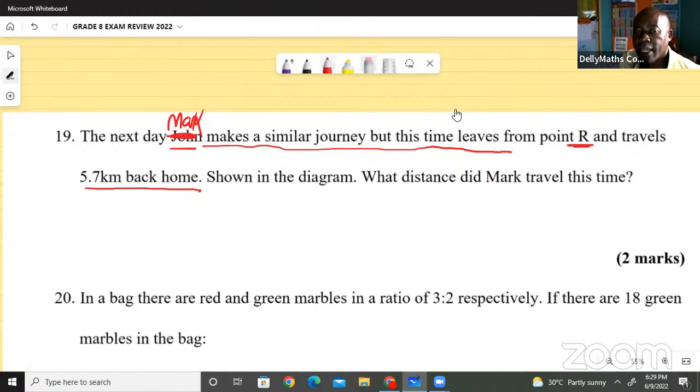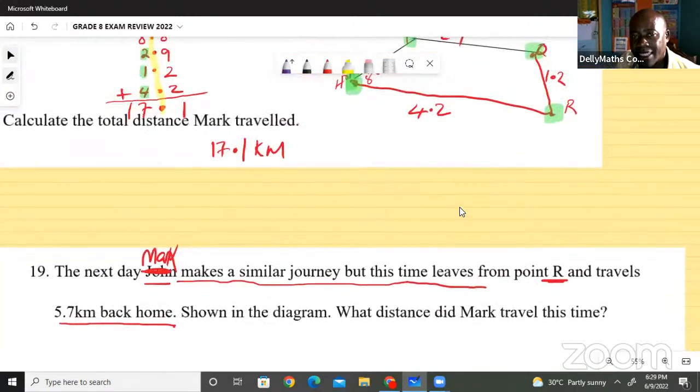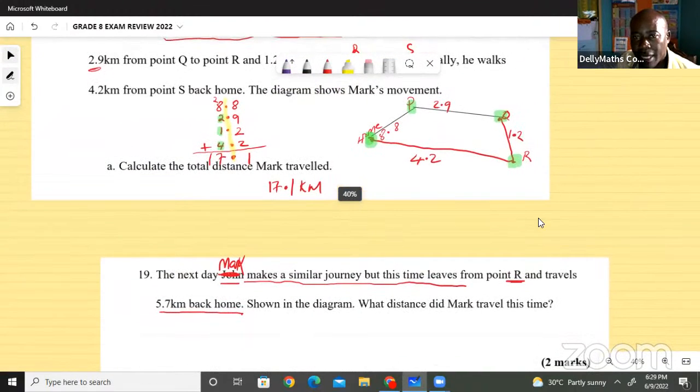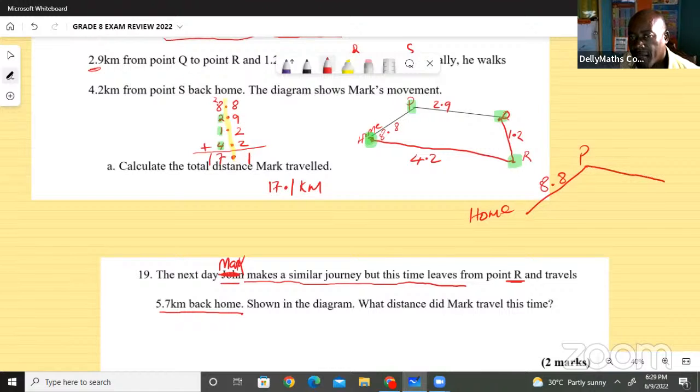So what we're saying now is, on this new thing that he did the other day, let me minimize this so we could look at it. They are saying that he left his home and he traveled to P still, same 8.8. And then he traveled from P to R, the same 2.9. Because when they said a similar journey, you want to appreciate that similar means same.